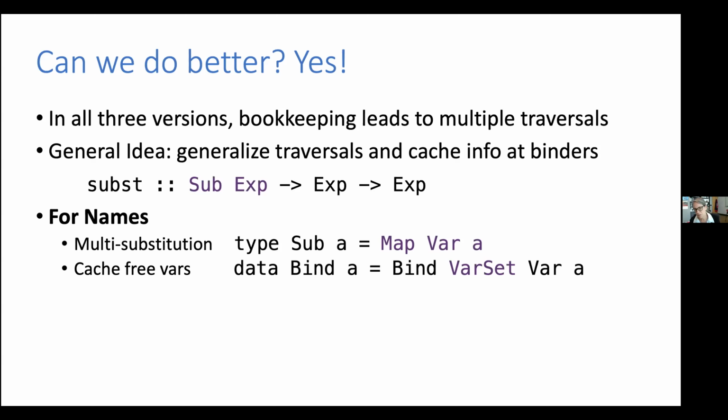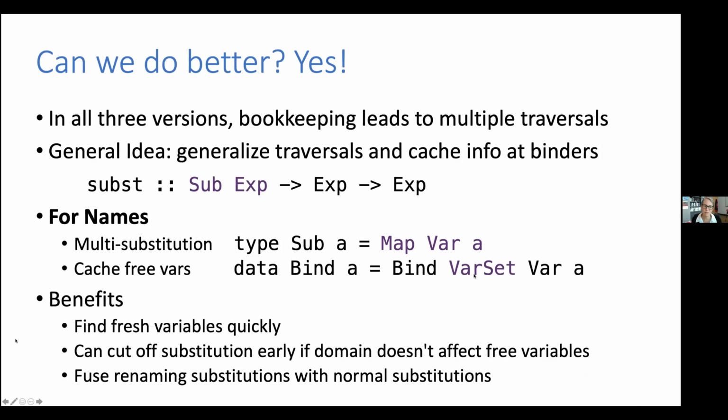You also saw that when we were doing the named representation, we had to detect when we needed to do renaming. So we had to do a lot of free variable calculation. And so another optimization that we could do is hide some information in this bind type. Inside the binder, we could cache the free variables of the body. That can help us, because first of all, it'll help us if we ask for the free variables of the term multiple times.